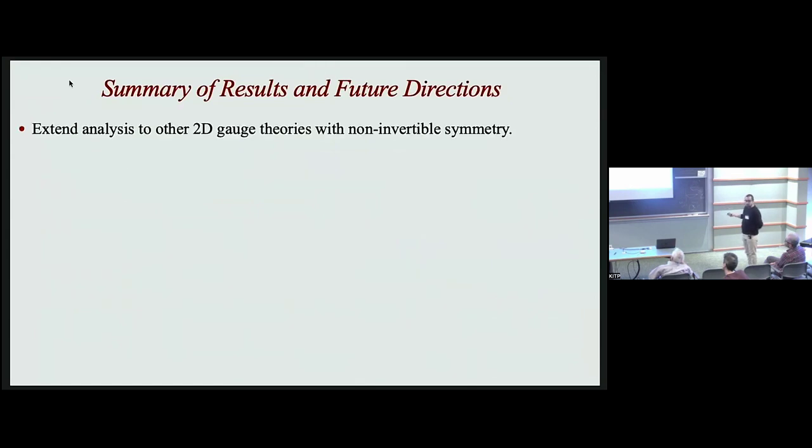And now let me finish with a few future directions, of which I wrote many. So first, extend the analysis to other 2D gauge theories. A similar story, one can sit down and try to do a similar study for other theories.